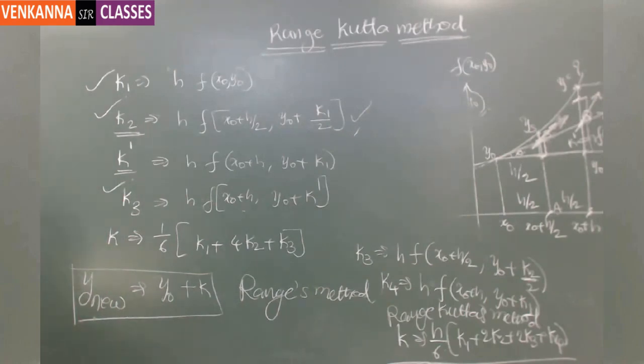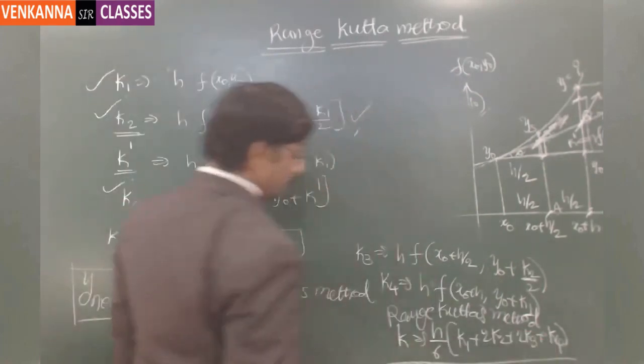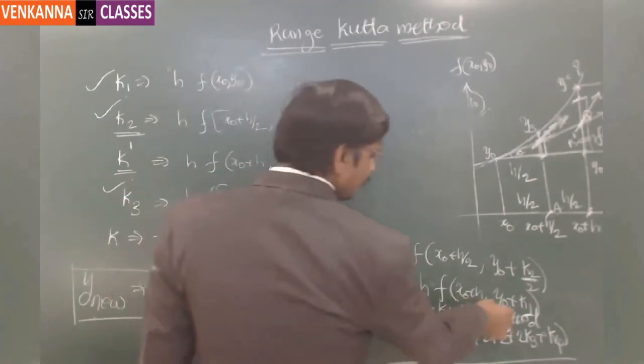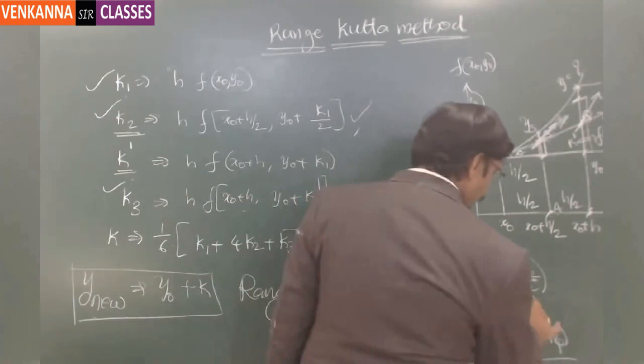So this is Runge-Kutta's method. Which one? This K4, right? Yeah, K4 is x naught plus h and y naught plus k1. This is k1 only.